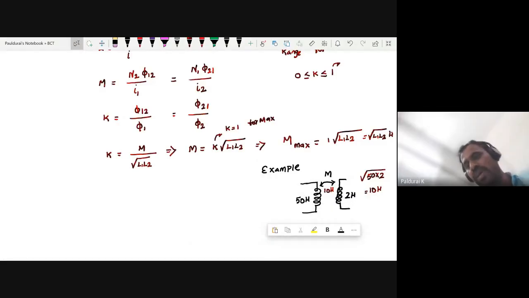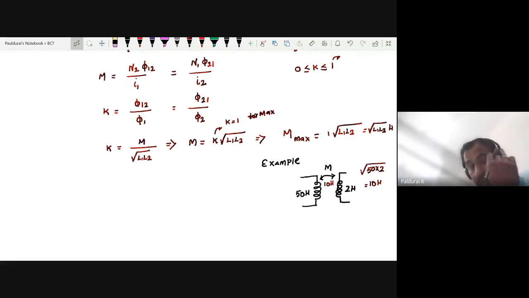You might wonder how 2 Henry can give 10, but it is not because of self, it is because of the mutual. The 50 also helps the 2, that is why you get 10. Any doubt till now? So we completed four interesting formulas.